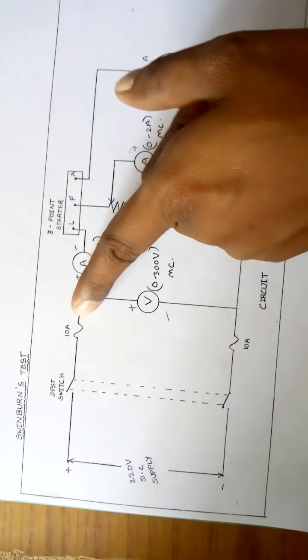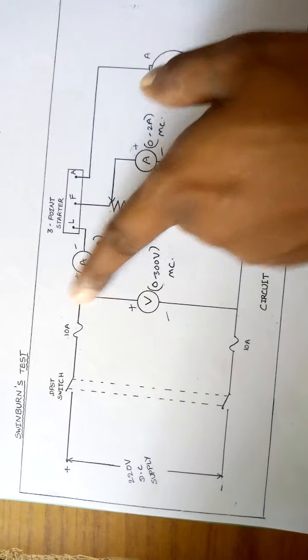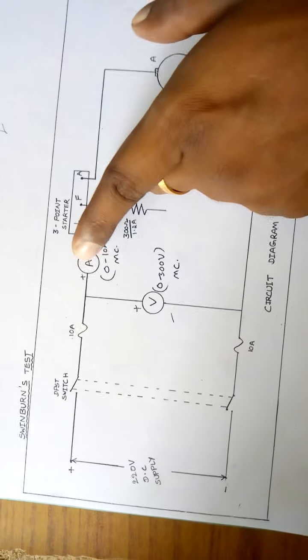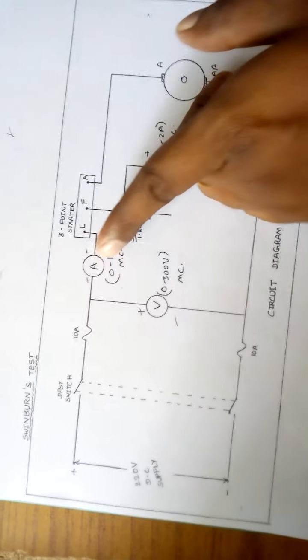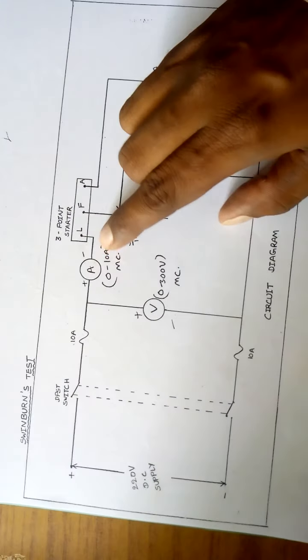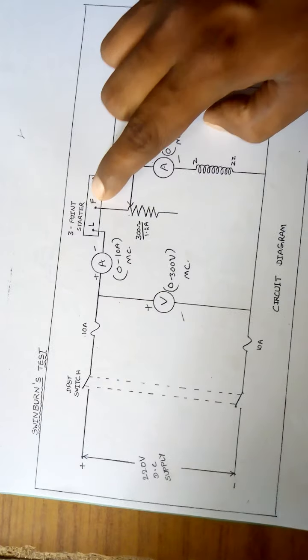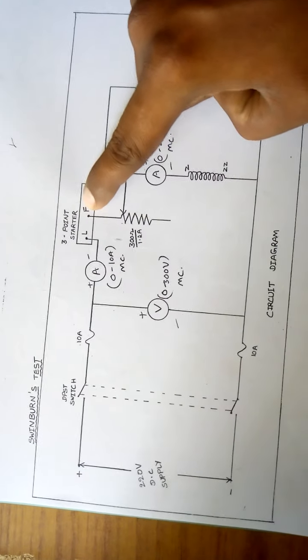Next we take two wires from the fuses, one connected to voltmeter plus, another to ammeter plus. Ammeter minus, that is 10 amperes, is connected to 3-point starter L. F or Z is the field of the 3-point starter.